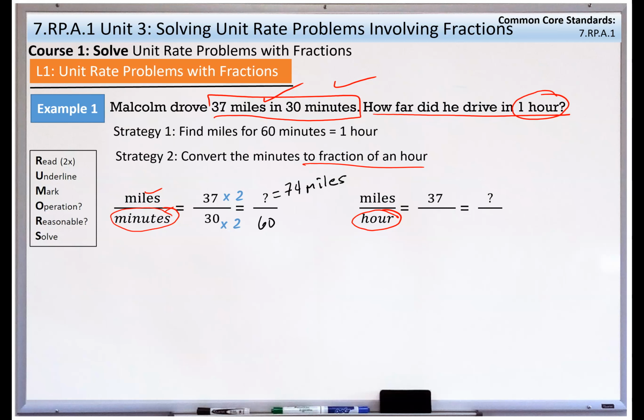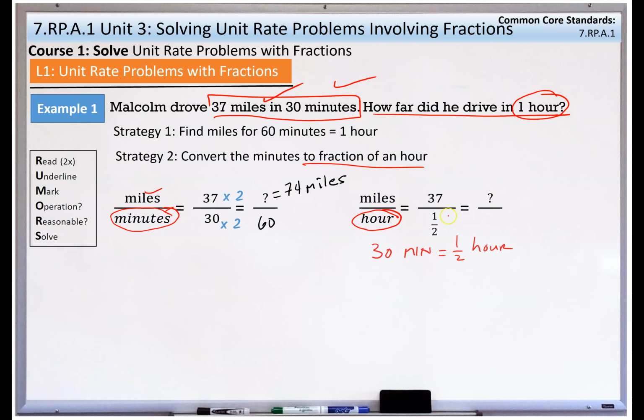But let's try converting our minutes to hours first. So we know that 30 minutes equals a half an hour. So now we have a fraction in our denominator, which is allowed. So 37 divided by essentially 1/2 is what we have to solve.